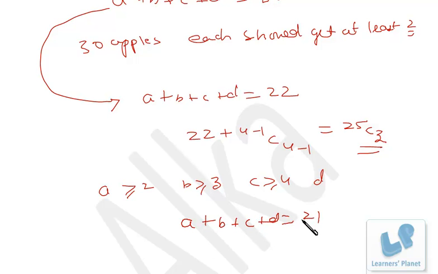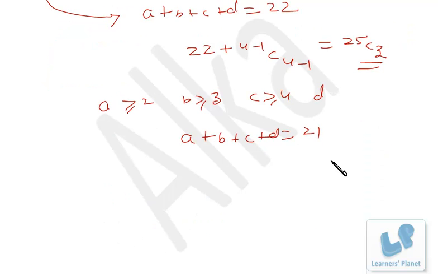Now find out the non-negative integral solution of this equation. So that is 21 plus 4 minus 1 C 4 minus 1, right? Now even if A, B and C are getting 0, then also they are having 2, 3 and 4 apples respectively. And we haven't given anything to D. So for D, if he is getting 0, doesn't matter, because there is no condition for D. Okay, so this is how you can approach the problem.